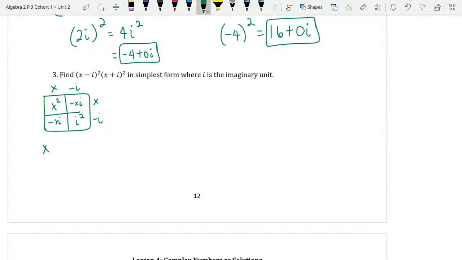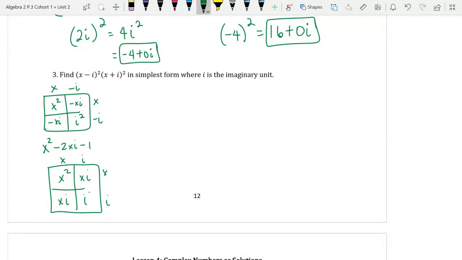And that's going to give me x squared minus 2xi, and i squared is really minus 1. I want to do the same thing for x plus i. I'm going to get a similar answer here: x squared plus 2xi minus 1. Remember, i squared is negative 1.